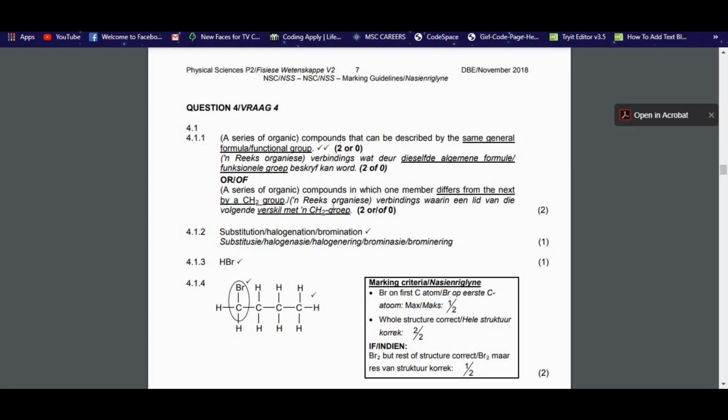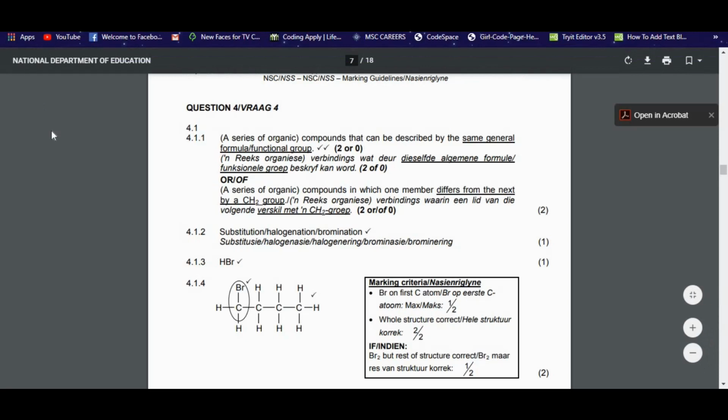The important part here is that it's a series of organic compounds, and that it can be described by either the same general formula or the same functional group. Either one is up to you.